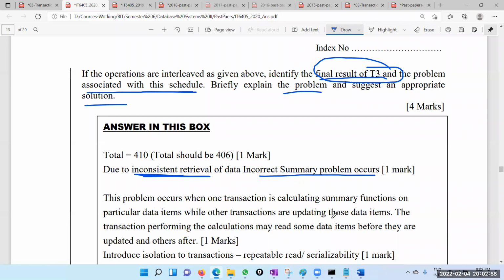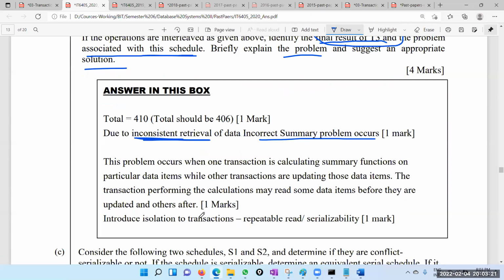The transaction performing the calculation may read some data items before they are updated and others after. Actually, these updates are happening for different records, but for your summary report, both are considered. So even we can take it as inconsistent summary as well.